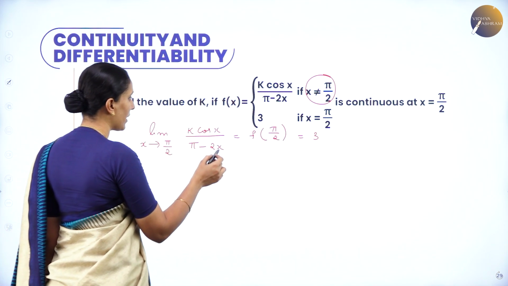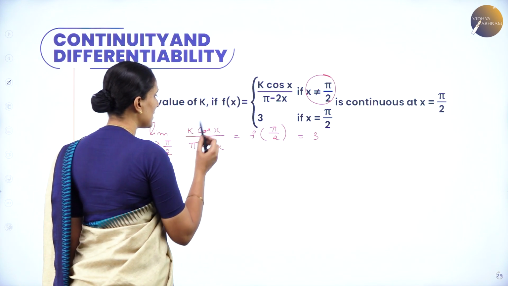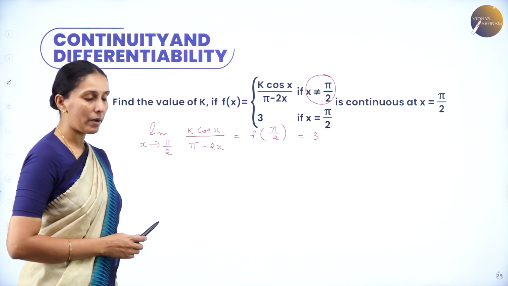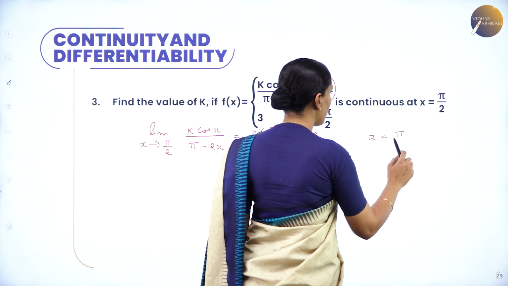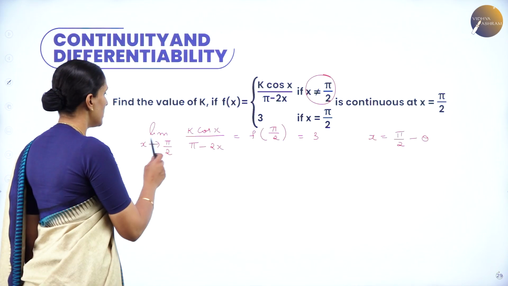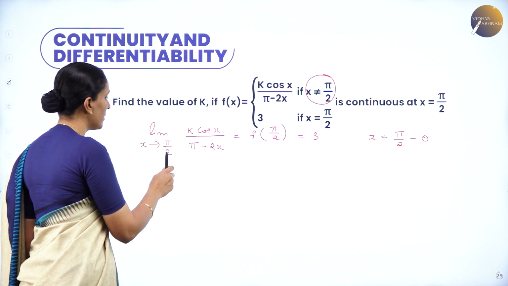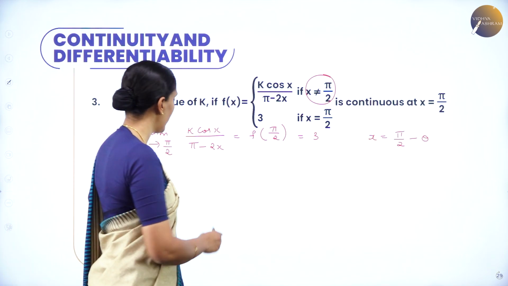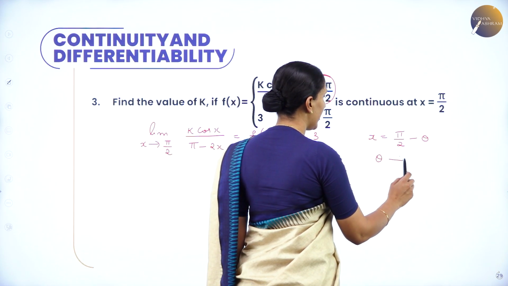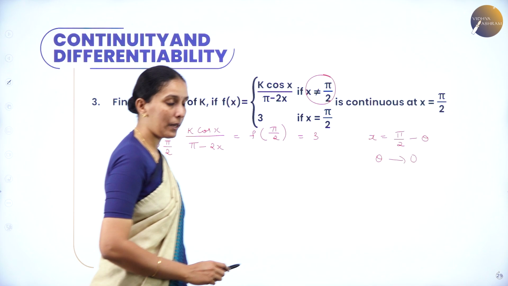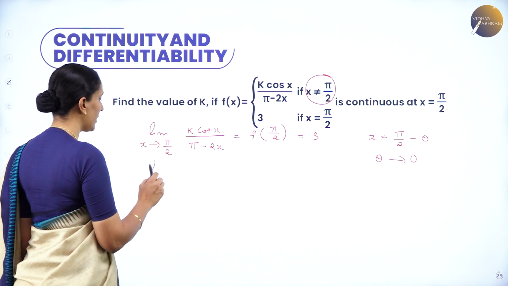Now to simplify here, I will take x is equal to pi by 2 minus theta. Since x is close to pi by 2, theta tends to 0. So the limit changes to theta tends to 0.